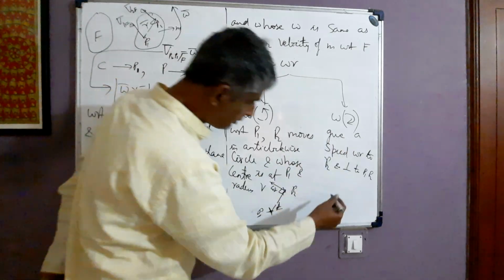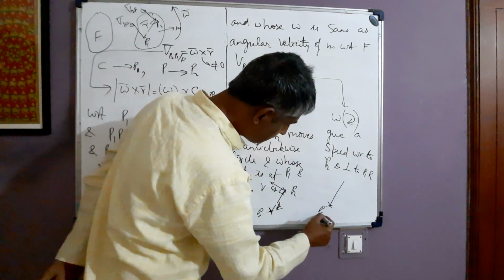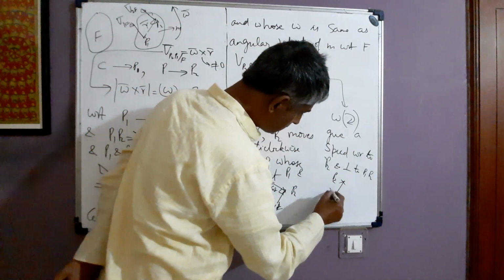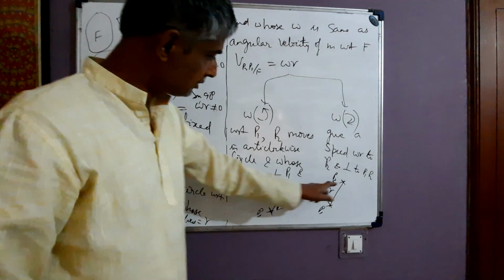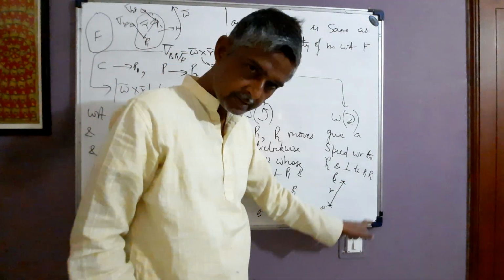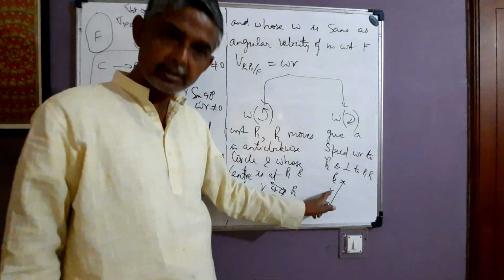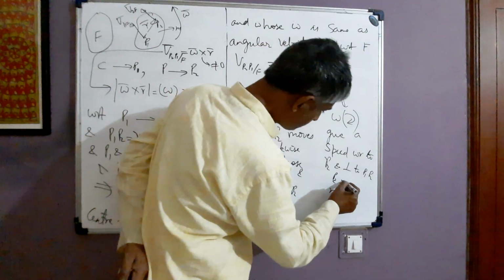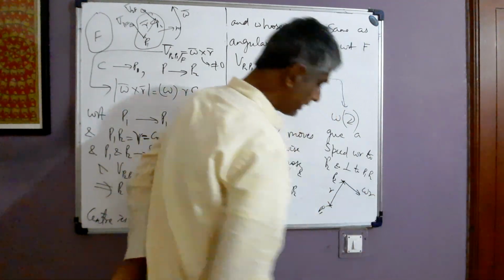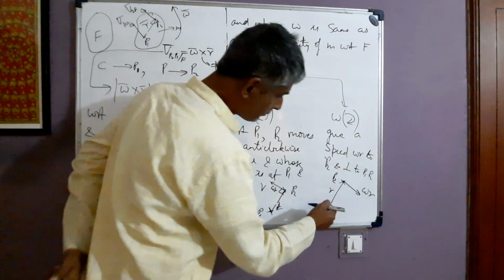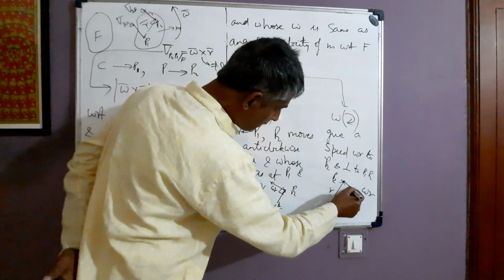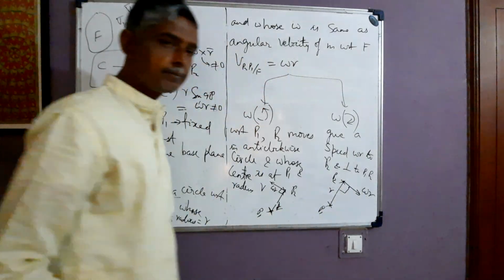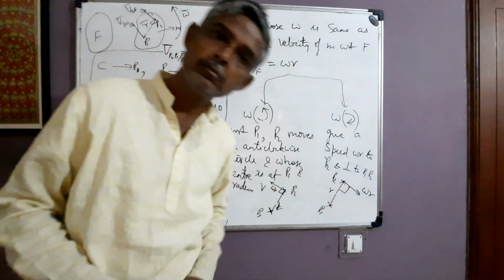So how will you show this here? This is P1, this is P2, this is R. So in this case we'll say P2 moves in a clockwise circle with center at P1 and radius R. So what speed will we give to P2? Omega R, the direction of omega R will be normal to P1 P2, corresponding to the clockwise sense of omega. This is the second action. Fine.